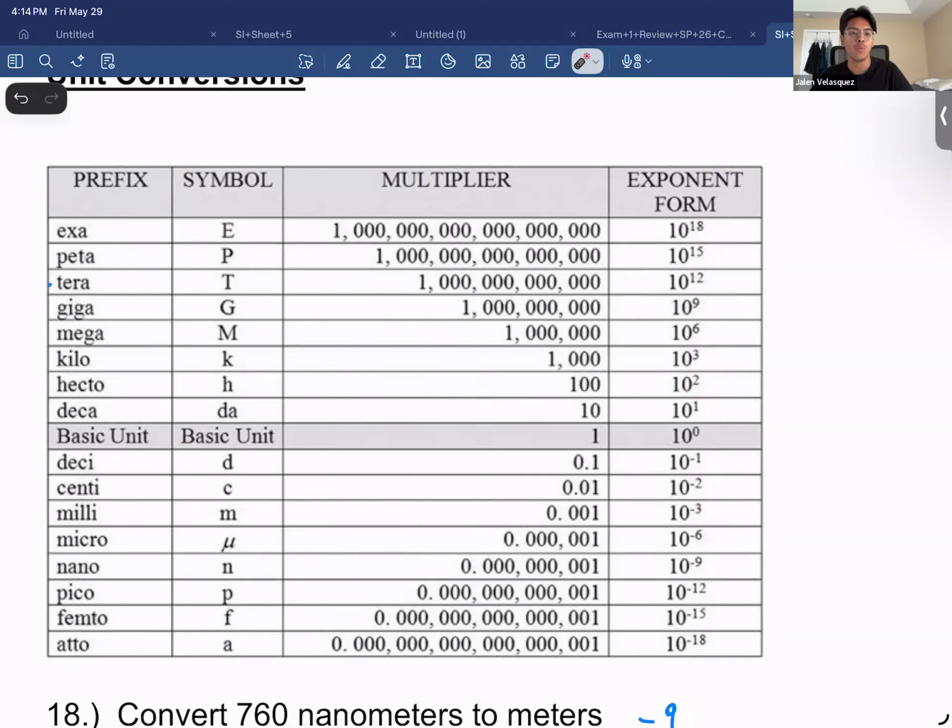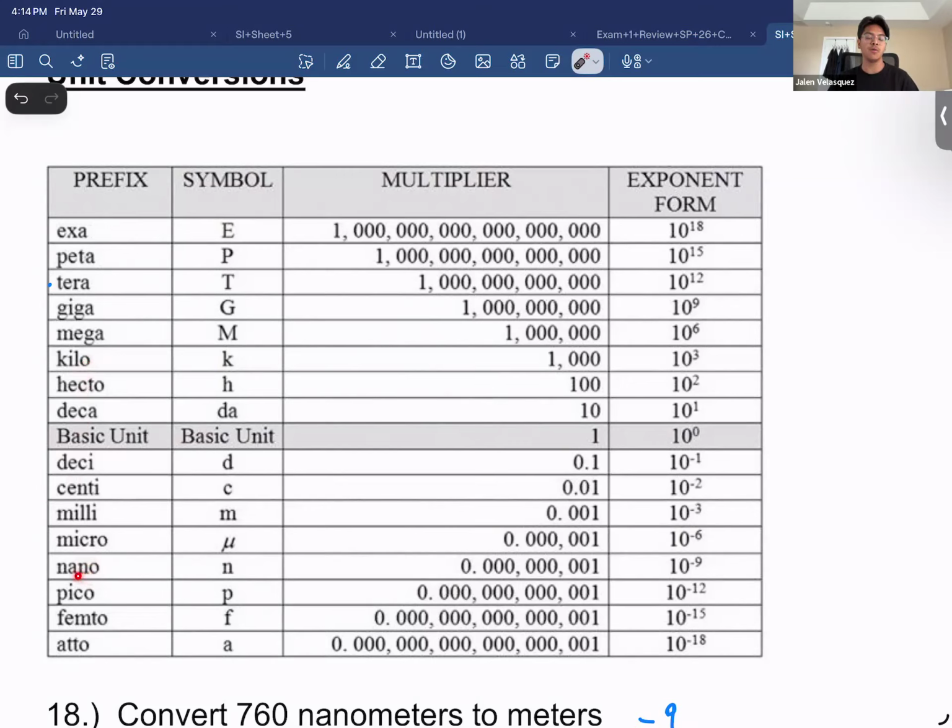So in the problem we're doing, we're starting in kilograms and want to get that into nanograms. So we're going from a really big unit to a pretty small unit. I think it's best practice not to convert straight from kilo to nano.